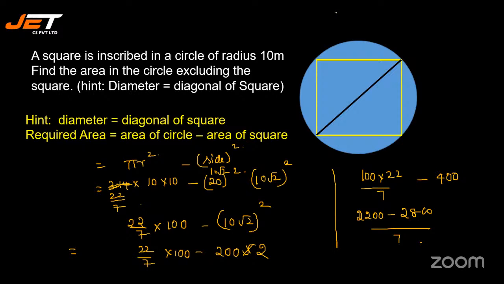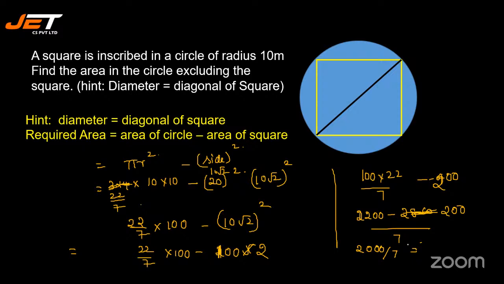Okay. Yeah. 10 root 2 is 100 into 2. Correct. 200. Sorry. So it is 200. So 2200 minus 200 by 7.